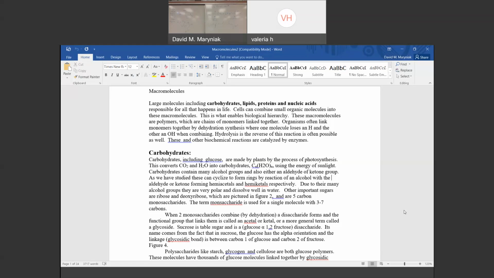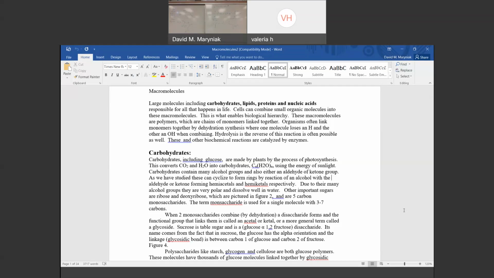If we polymerize sugars, then we can get starches, cellulose, etc. So stepping back a second, if we say monosaccharide, that's another name for a simple sugar.